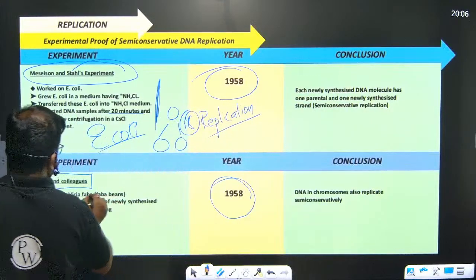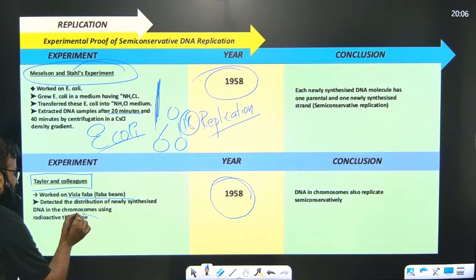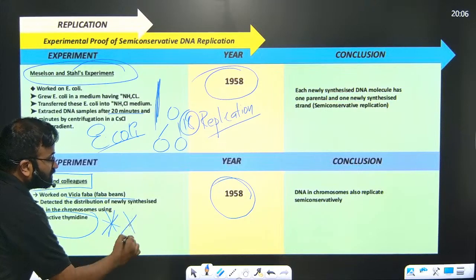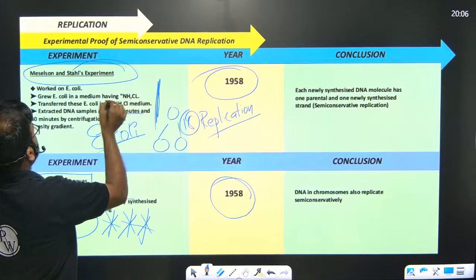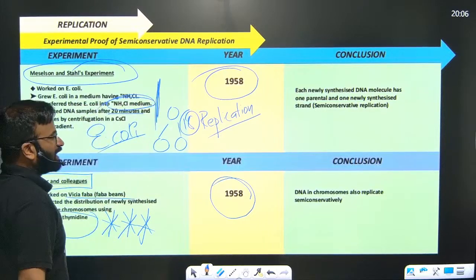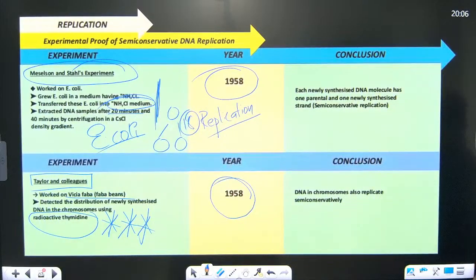For example, Vicia faba, where they have used radioactive thymidine. Pay attention. But here, in Meselson and Stahl, they used the heavy and light isotopes of nitrogen. Clear, guys?